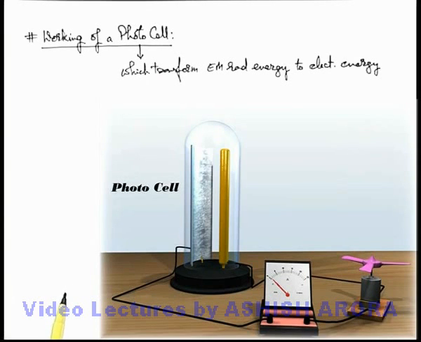Here you can see this cylindrical glass device is termed as a photocell, which is having two electrodes which are connected here with an electric motor, and a fan is connected to it.